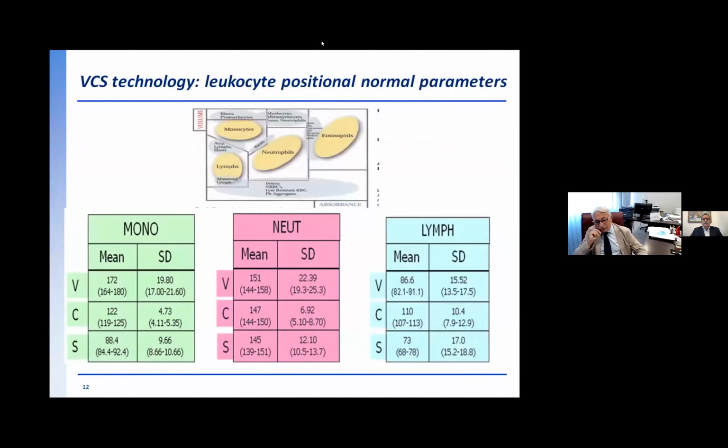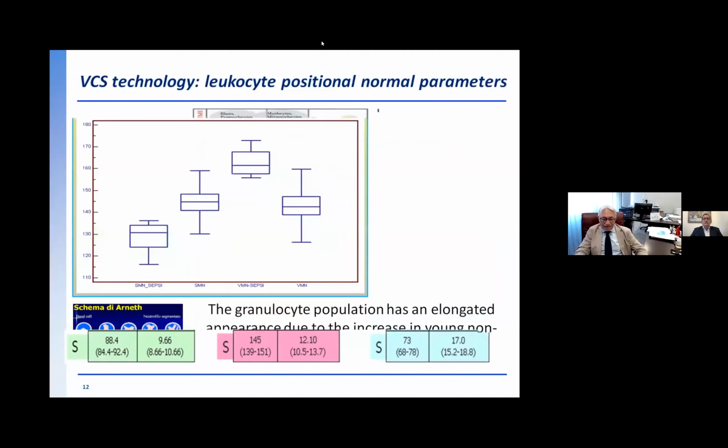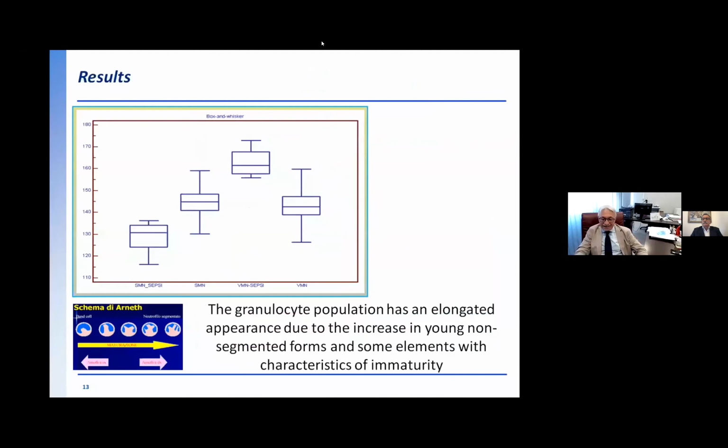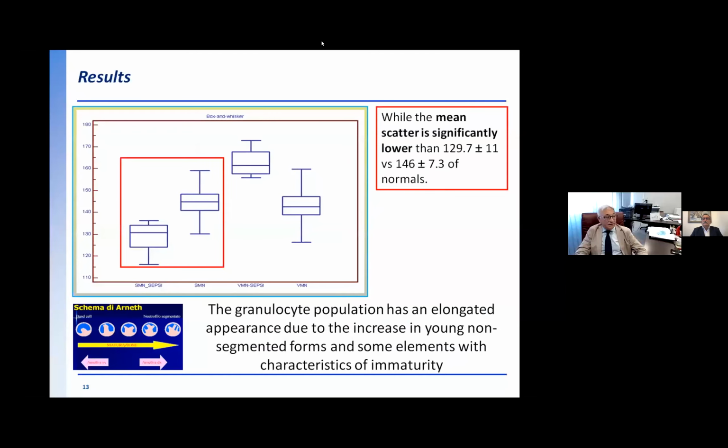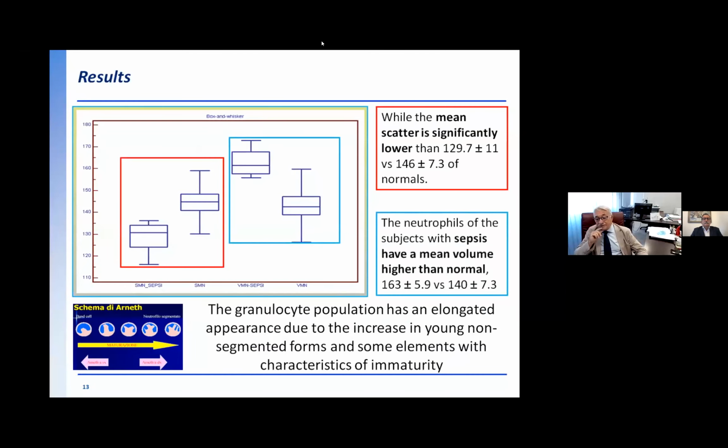that is a very important technology with the mean parameters, volume, scatter, and also variability of these dimensions calculated by standard deviation. And there you can read about the great differences of these parameters concerning the average scatter in a normal population and the size of neutrophils as against the parameters in sepsis patients.